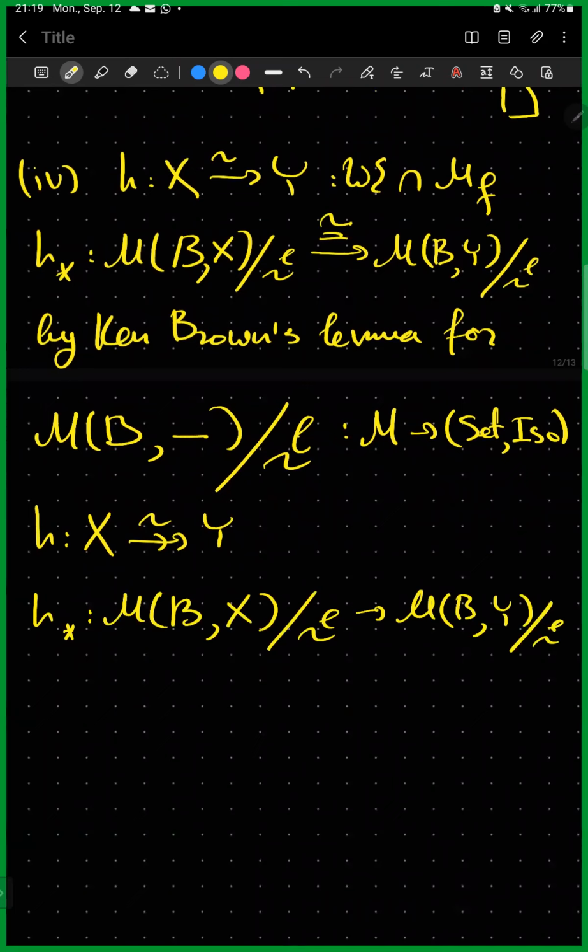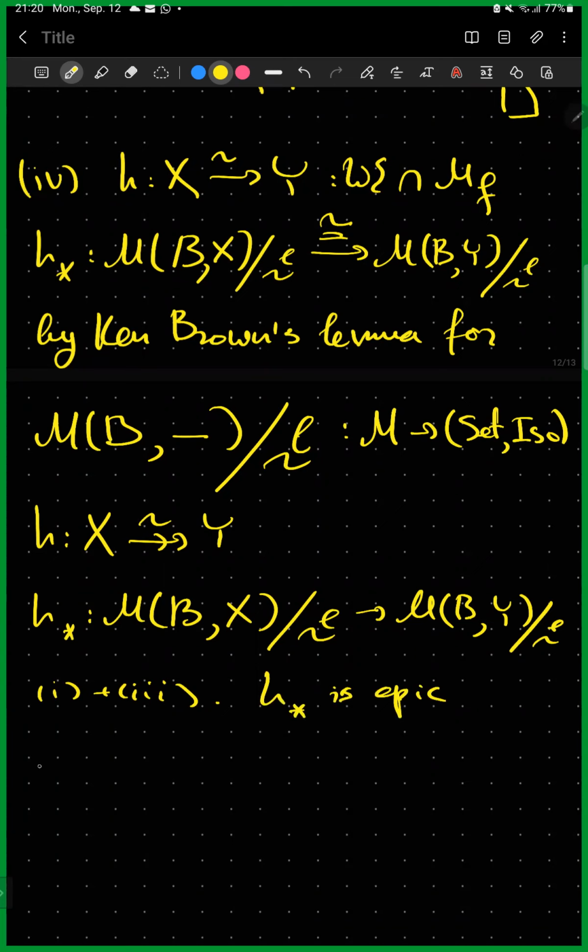Well, as it turns out, first of all, observe that both these sets are well defined, and the map between them is also well defined by parts 1 and 3 of the proposition. So first of all, we will show that H star is surjective.